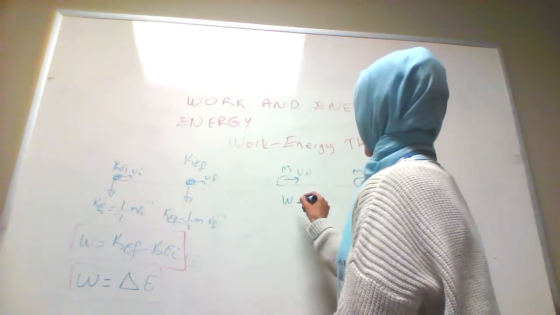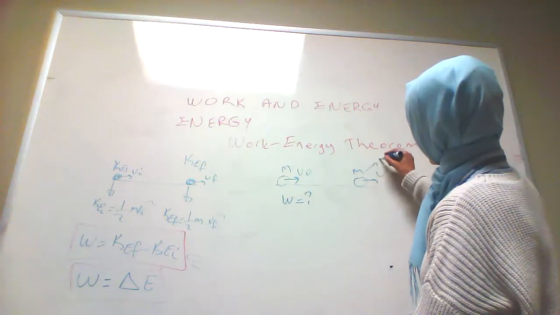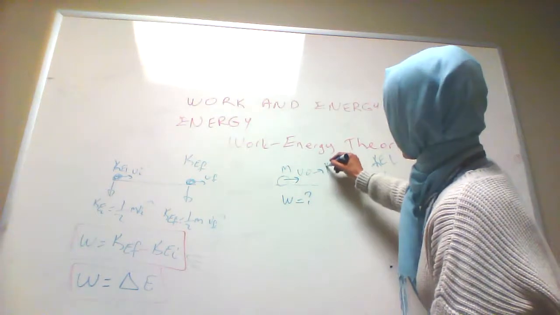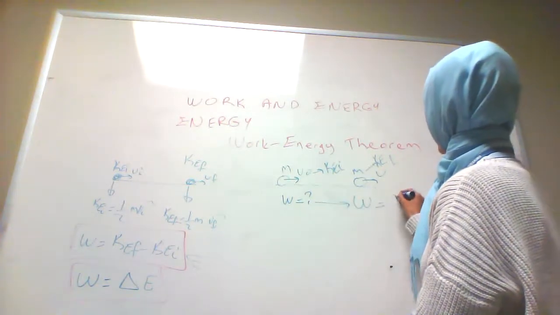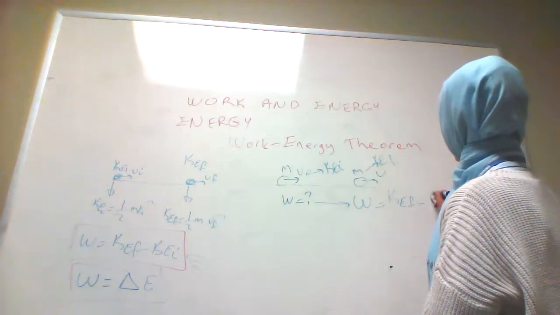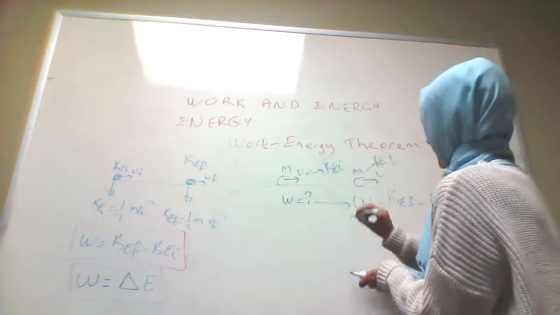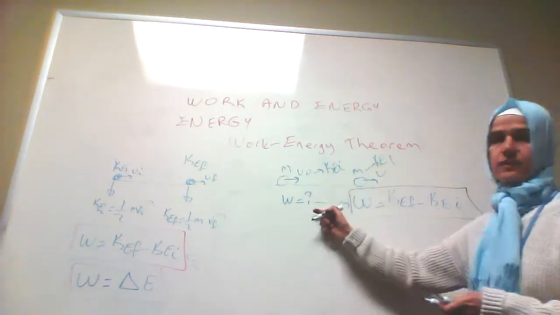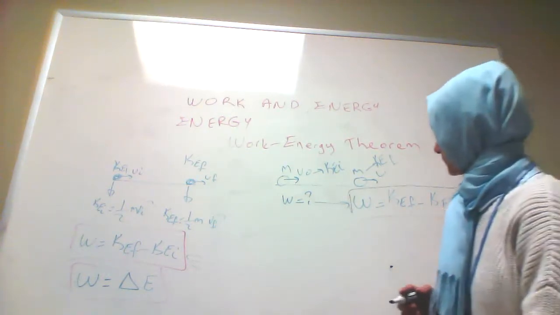And I'm asking you about work done on this object. You say the object will have a final kinetic energy and an initial kinetic energy, and work done on this object will be kinetic energy final minus kinetic energy initial. Velocity could be increasing, decreasing. If the velocity was constant, there's no work done. It will be 0 from here, right?